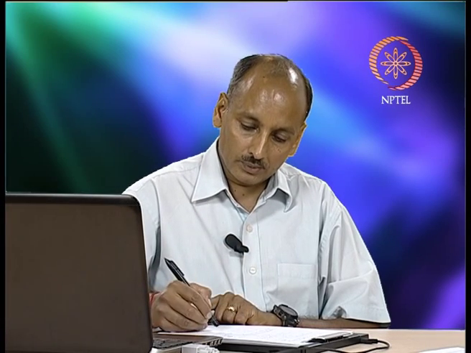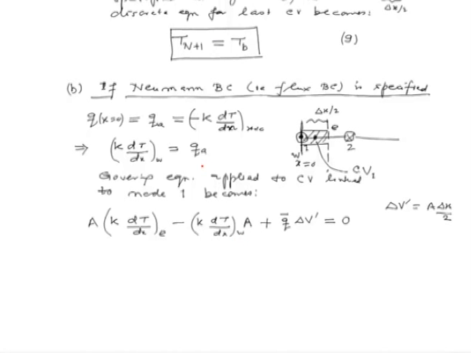So, please be careful about this, and in the place of k dT by dx at W we would substitute our q a. So, our equation simply becomes k A times dT by dx, let's use the central difference scheme in terms of the values at node 1 and computational node 2.